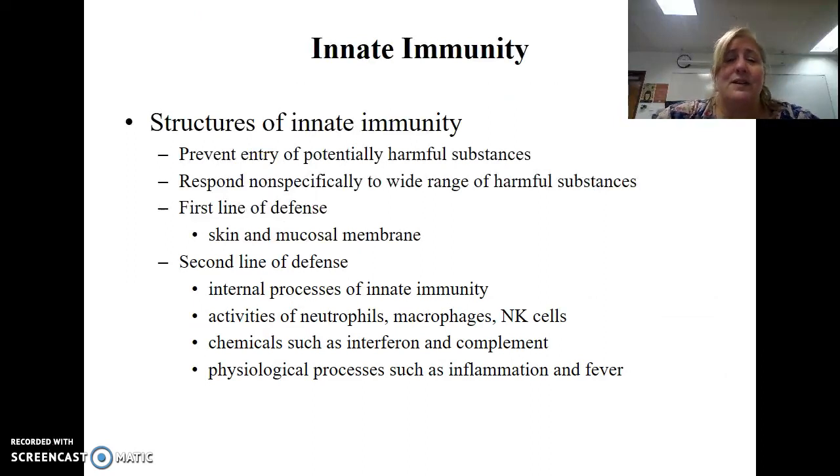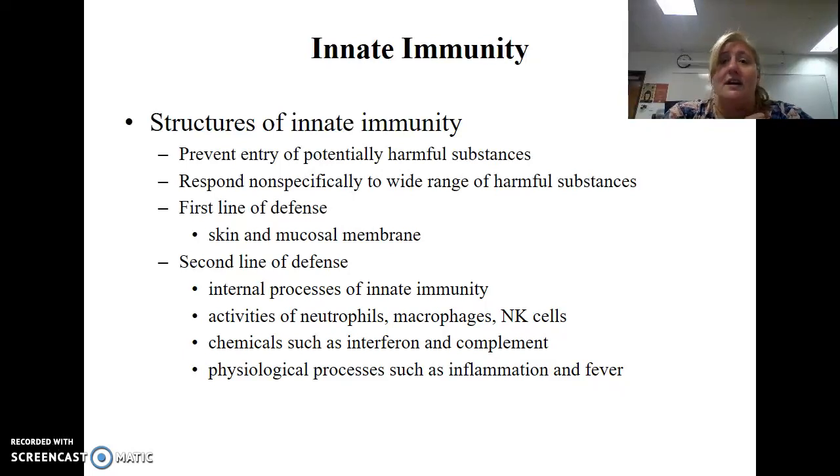So we've talked about some of the innate defenses already, but I'll quickly go over them again. The very first line of our innate defenses is our skin and our mucous membranes. So that's going to protect us from anything that tries to get into our body. Our skin is a very important barrier to the internal environment.